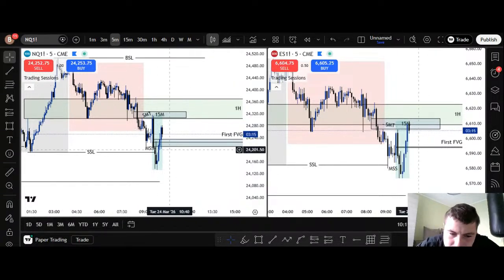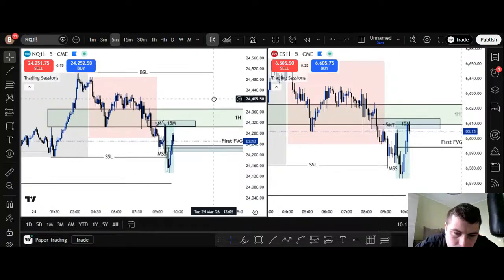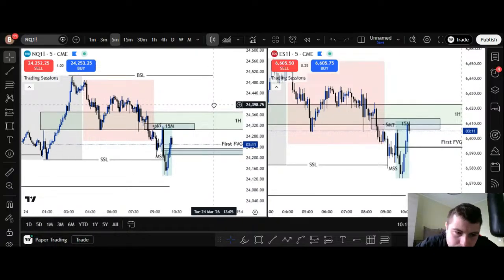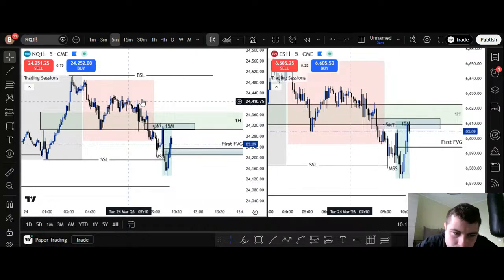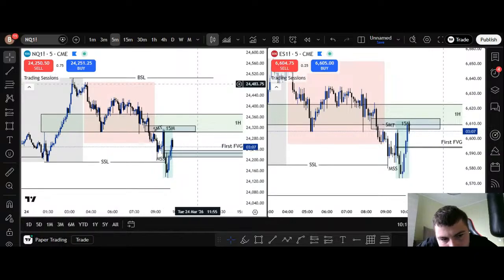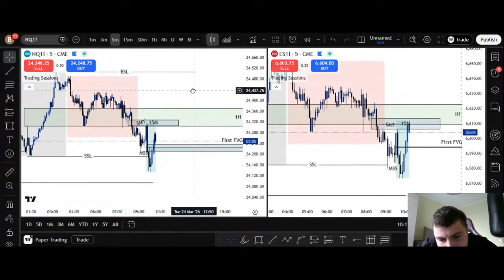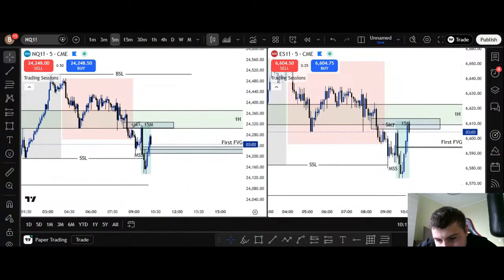Yeah, if I see displacement, then I will enter, because now my drawn liquidity for the day, my anticipation is all of this buy side here, maybe even potentially buy side here. But I'm not entering yet.